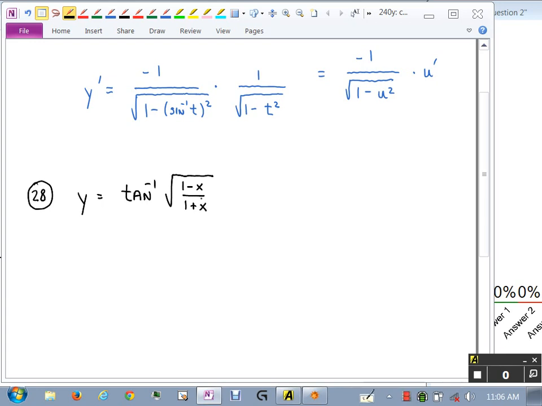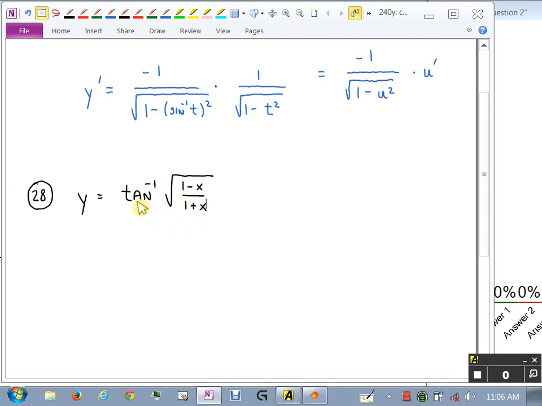So again, we have composition. We have the arctangent function. Inside of the arctangent function, we have what? Quotient, but what's before the quotient? If we're working our way outside in, this is going to be chain rule.